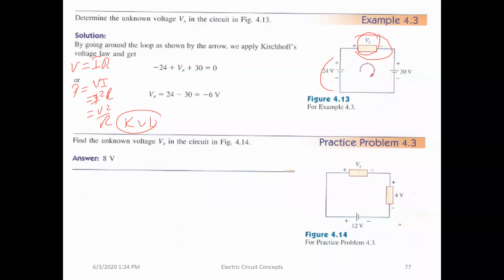Now, this is the way we are going to apply KVL here. It doesn't matter where we start, so let's start with the 24. Again, here's the current. When you reach the bottom of the supply, we see this arrow is going to hit the minus sign. Since it hits the minus sign, the voltage will be minus 24.